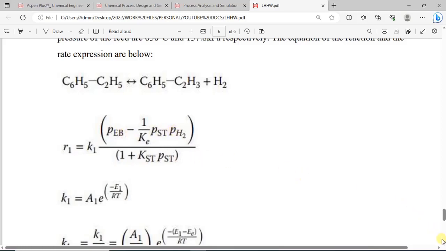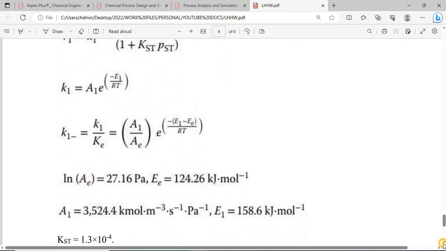So we know that the concentration basis is partial pressure, and then the rate expression is based on reactor volume, right? Because see, the A1 is equal to 3,524.4 kilomole per meter cube per second, right? So we know that this is based on reactor volume.